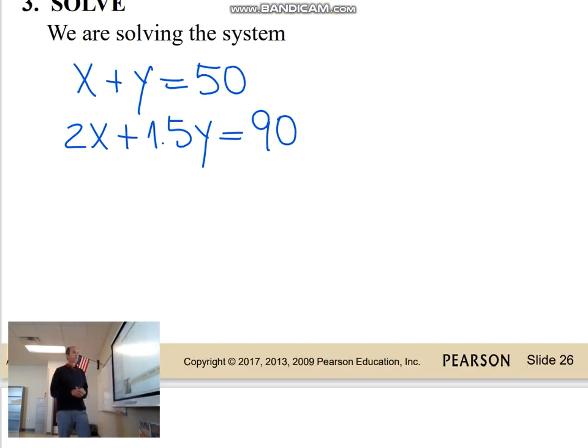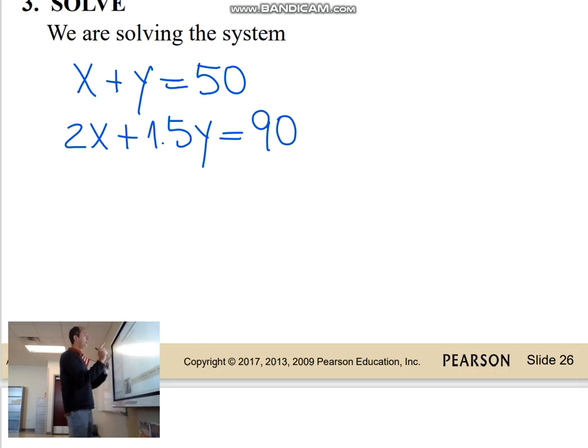You can use substitution method if it's your favorite, or you can use elimination or addition method if you prefer. I think I like elimination method. I think this is another situation where you can apply elimination method by multiplying each equation by a number.